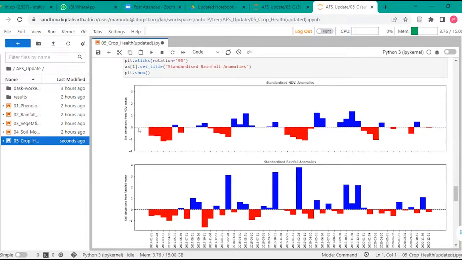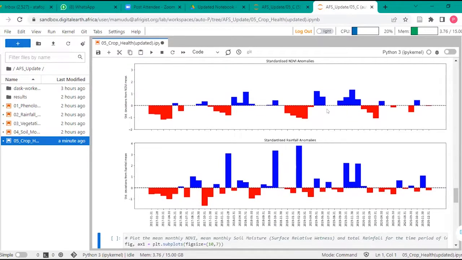And we can see that mostly vegetation had a lot of reds, which means there were a lot of periods of unusual dryness, but we also had periods of higher anomalies, which means that there were better vegetation or better NDVI values in certain periods of the year.